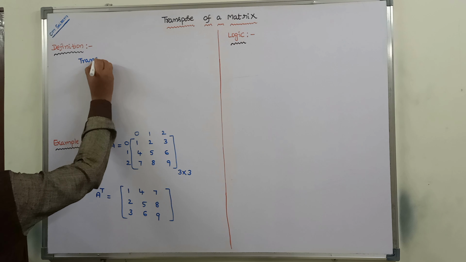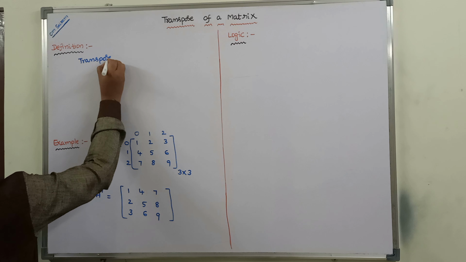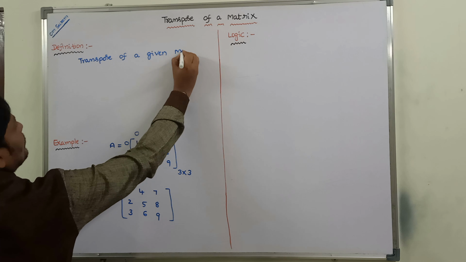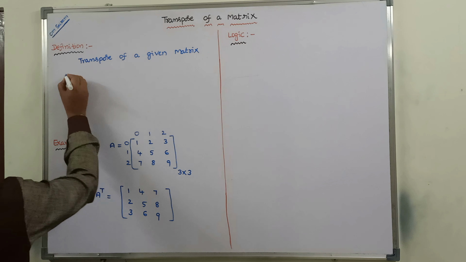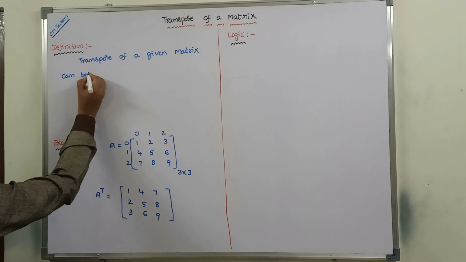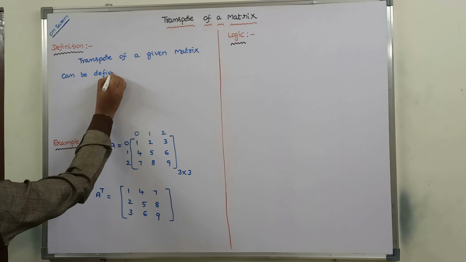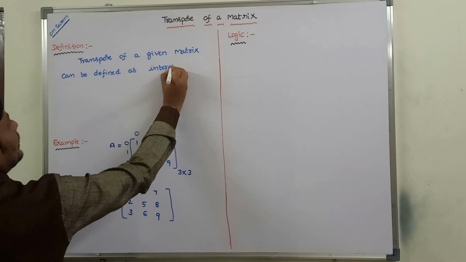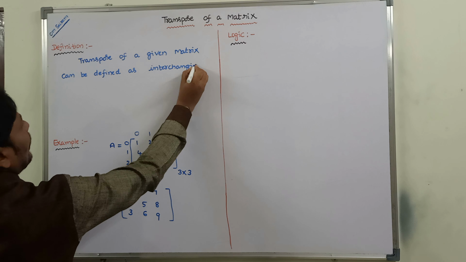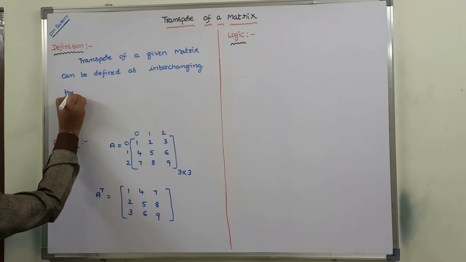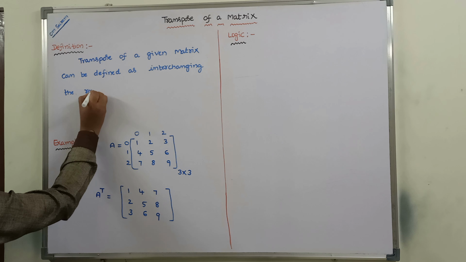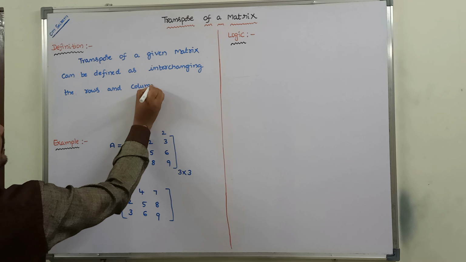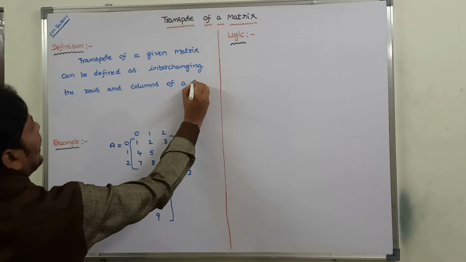Transpose of a given matrix can be defined as interchanging the rows and columns of a given matrix.